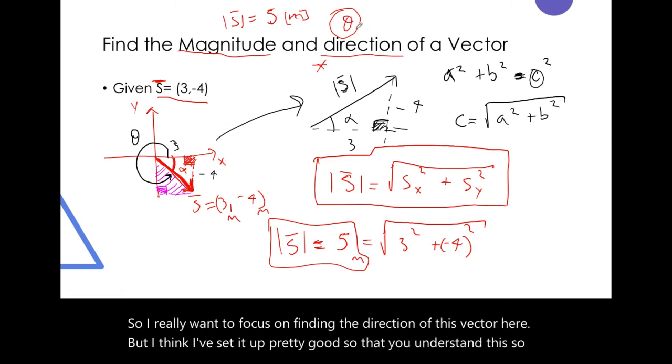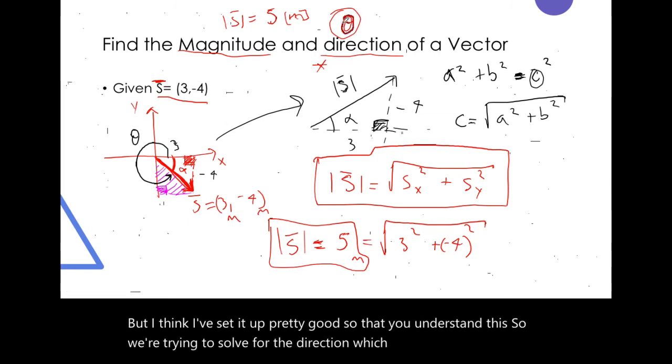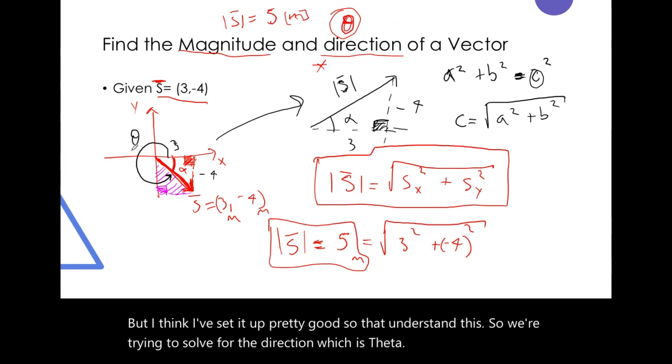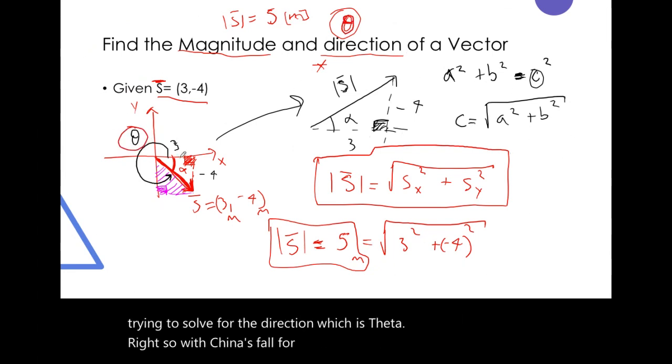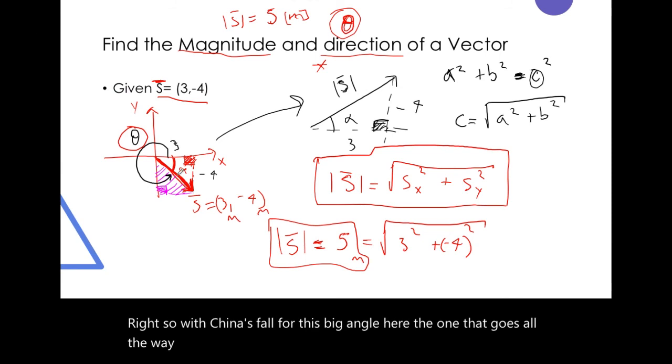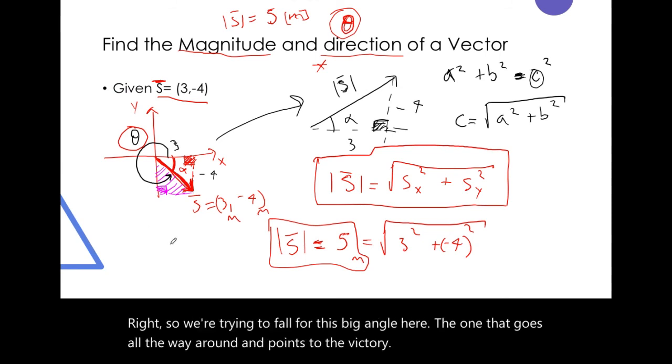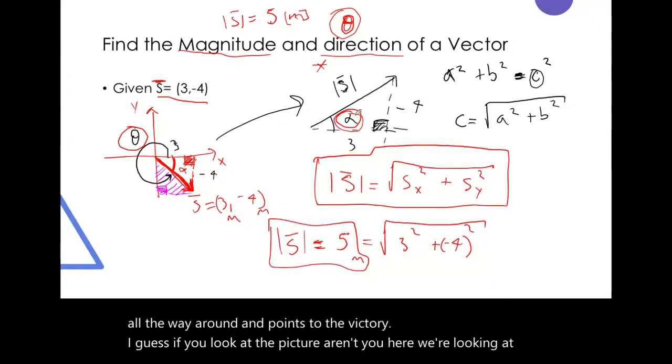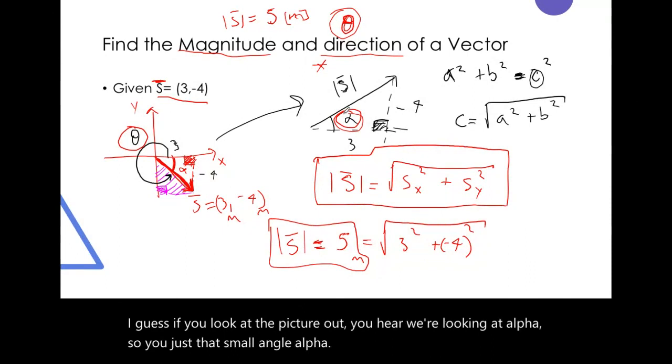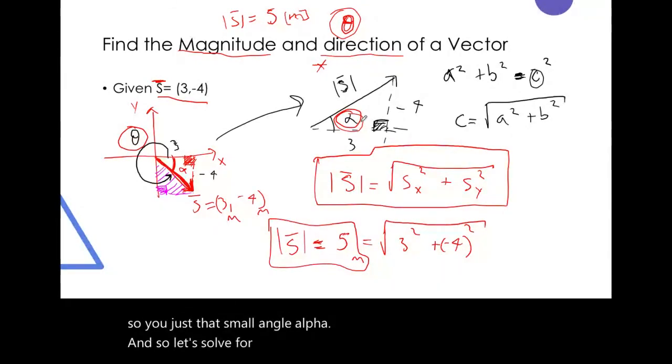We're trying to solve for the direction, which is theta, the big angle that goes all the way around and points to the vector. But if you look at the picture I drew here, we're looking at alpha, that small angle alpha. So let's solve for alpha first.